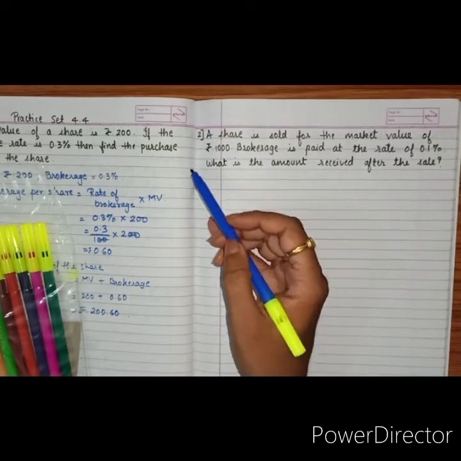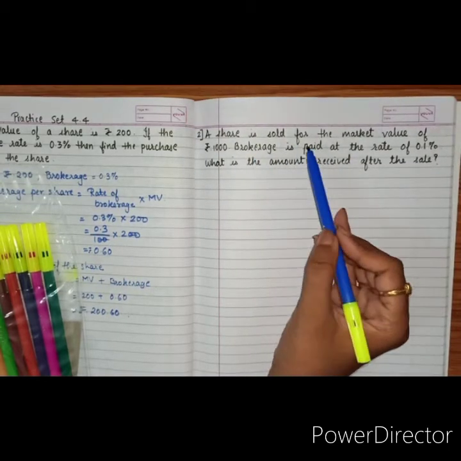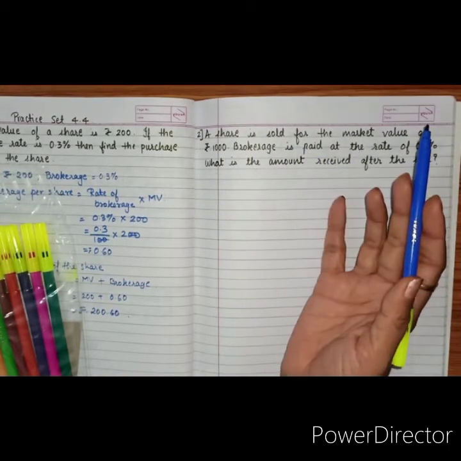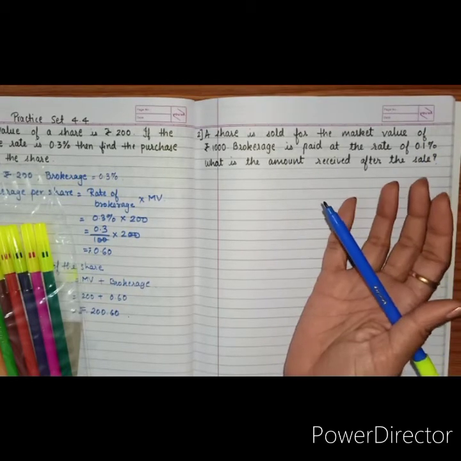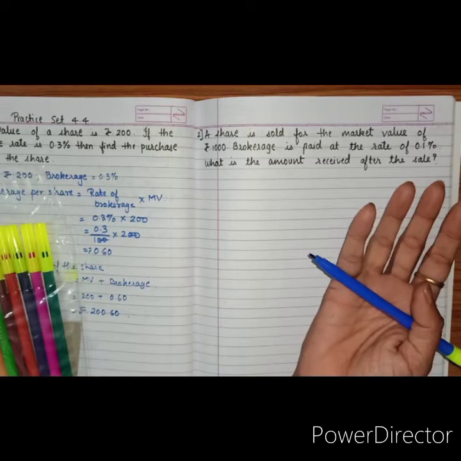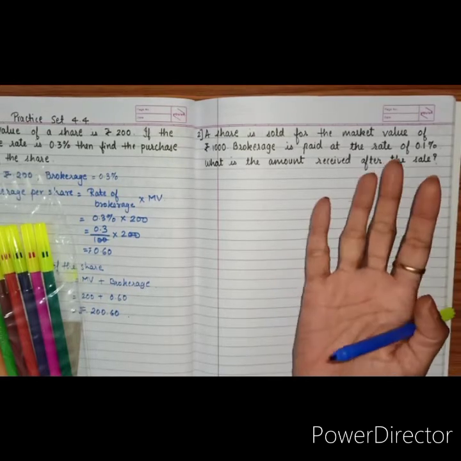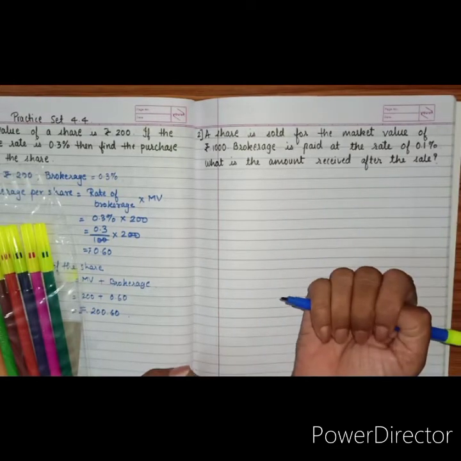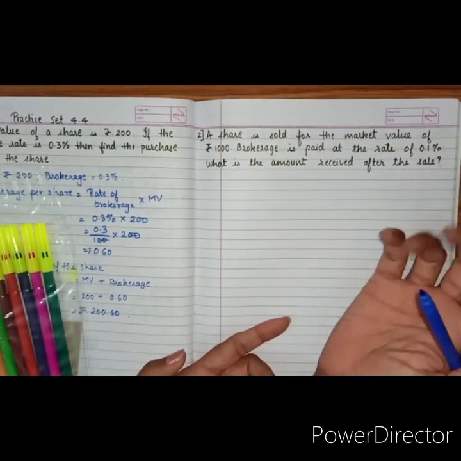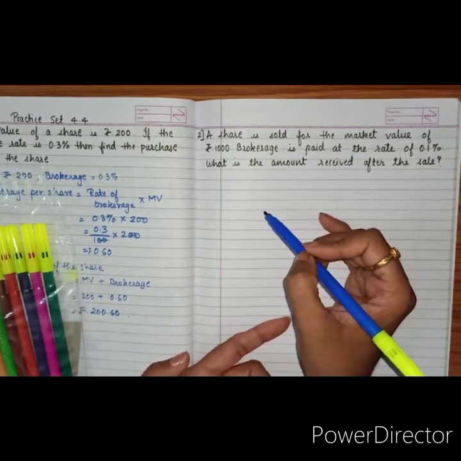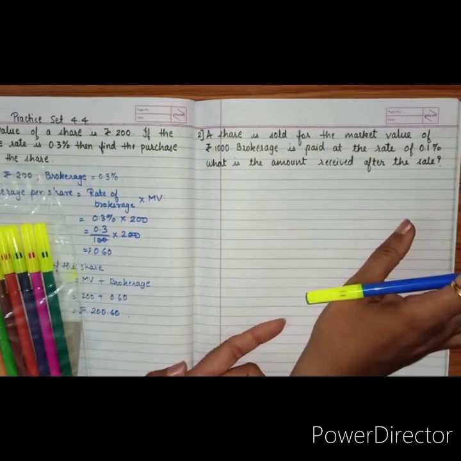So same way this person has sold, and on top of it he will give a brokerage. Means whatever amount he should receive after selling, you will have to cancel the brokerage amount from it and then you will get the amount. So this is what we are supposed to do.